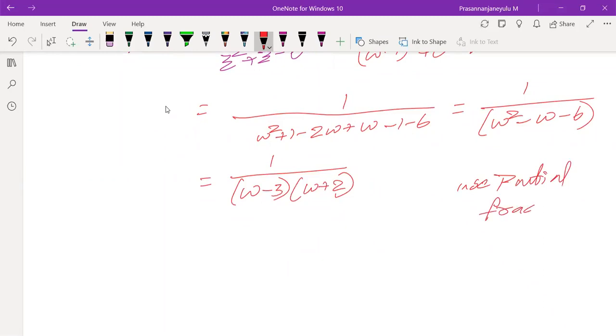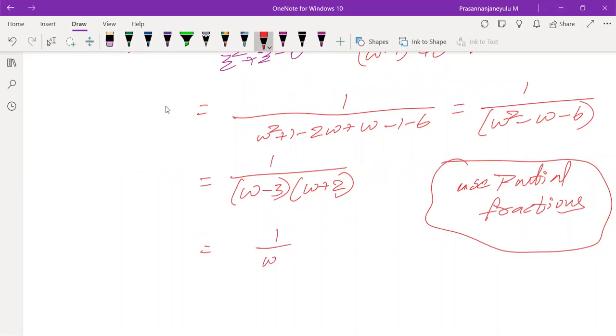By using partial fractions, we can write it as 1 by w minus 3 and 1 by w plus 2. After simplification, w plus 2 comes to the numerator, minus of w minus 3 becomes 5.